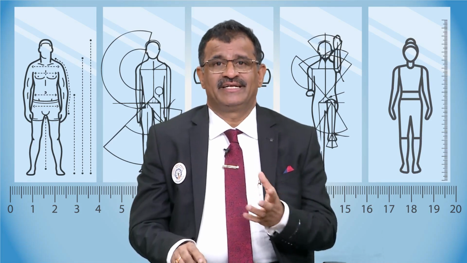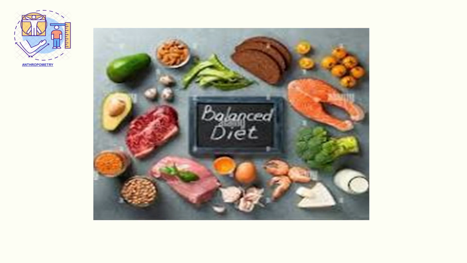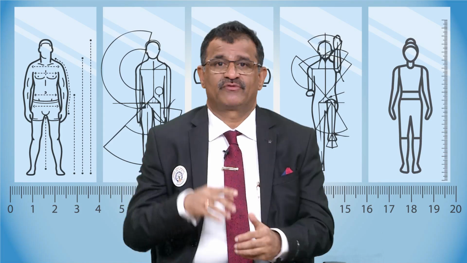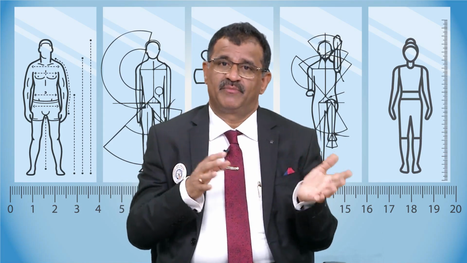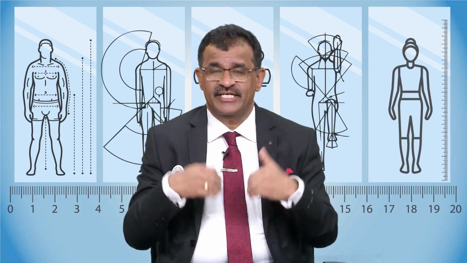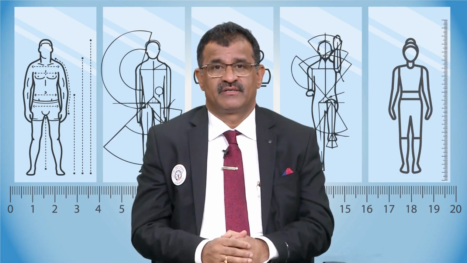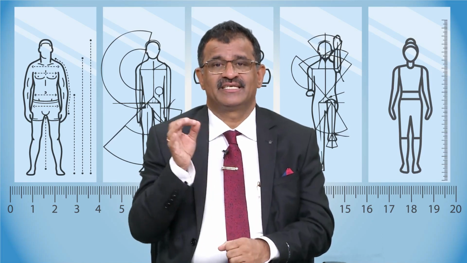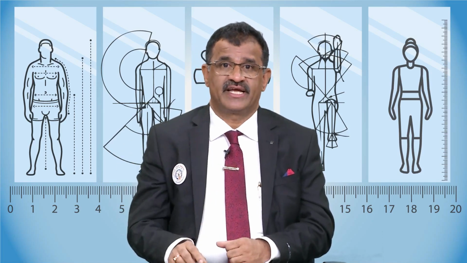Balanced diet in itself is a separate chapter in human physiology, where you will have to study the food components and the balanced diet. The balanced diet is related to anthropometry in terms of nutrition, because we assess the anthropometric measurements based on balanced diet effects.